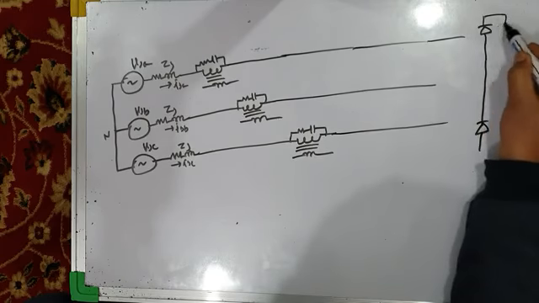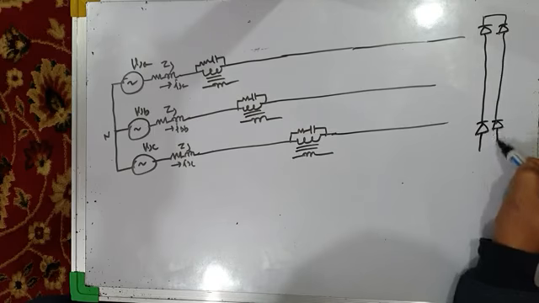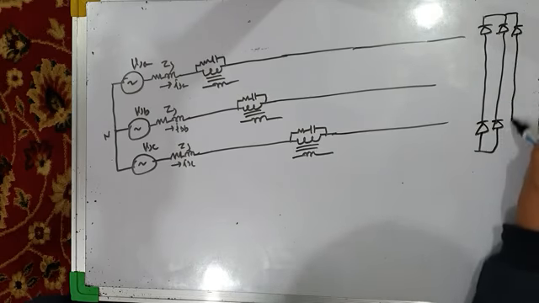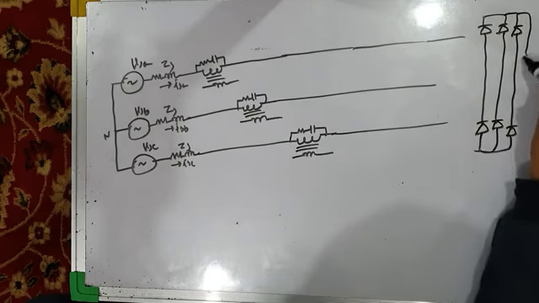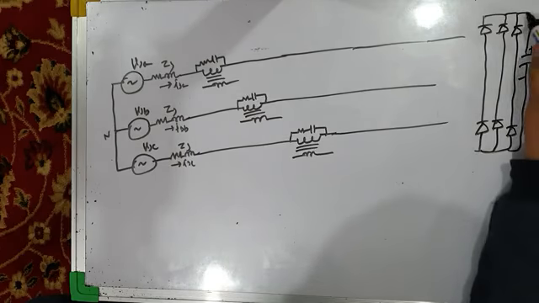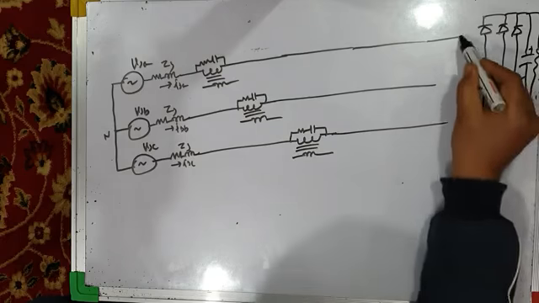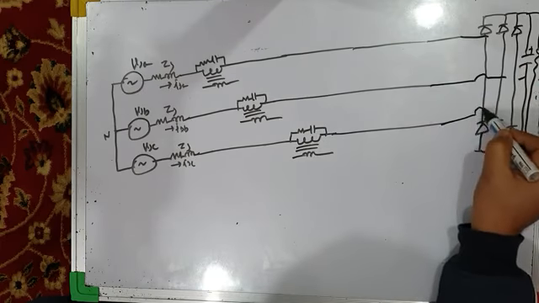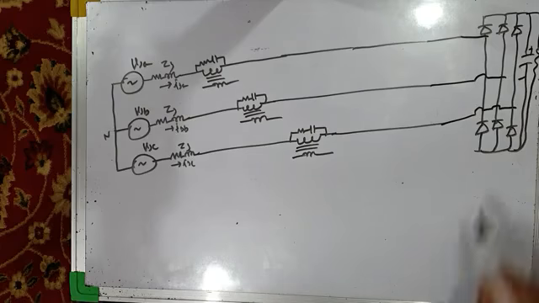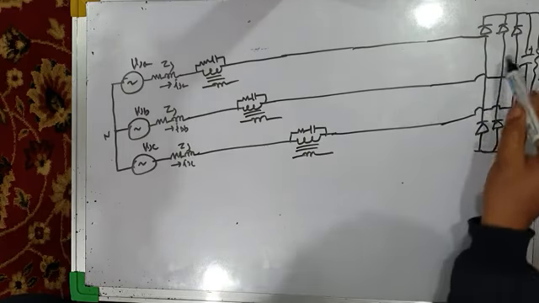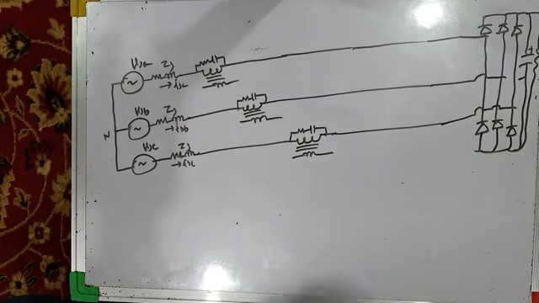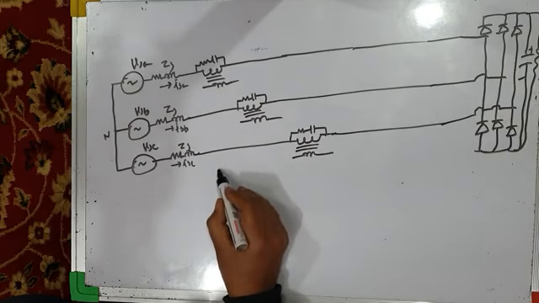I'm drawing this diode bridge rectifier based load with a large filter capacitor at its output and some load resistance. This load is non-linear, so current harmonics have to be compensated. Current harmonic compensation is done by shunt passive power filter, and voltage harmonic compensation is done by series active power filter.